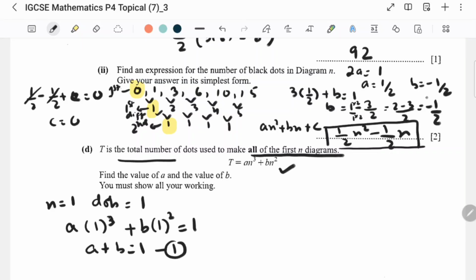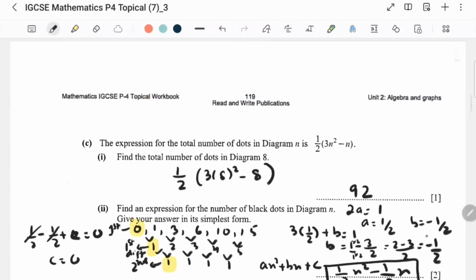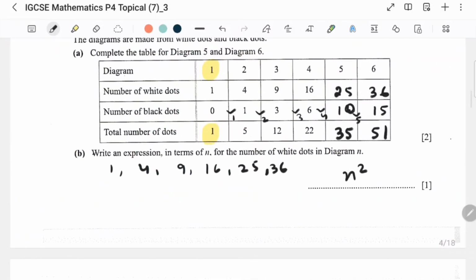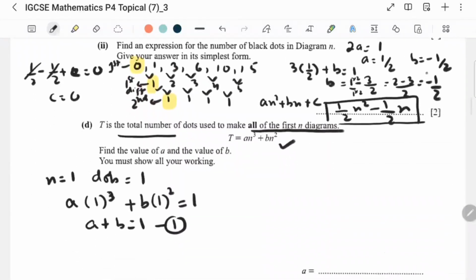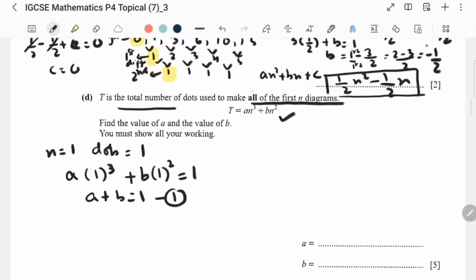Now we are looking for 2. In 2 you have 5, and the total will become 6. For the first two diagrams you have 6, and because they are given the total of the first n, you cannot take 5. So n equals 2, the dots are 6. It's written 5, but the total is 5 plus 1, which is 6.